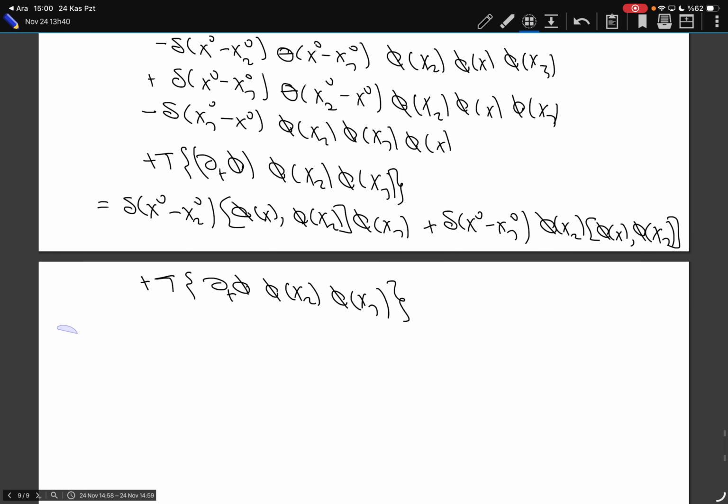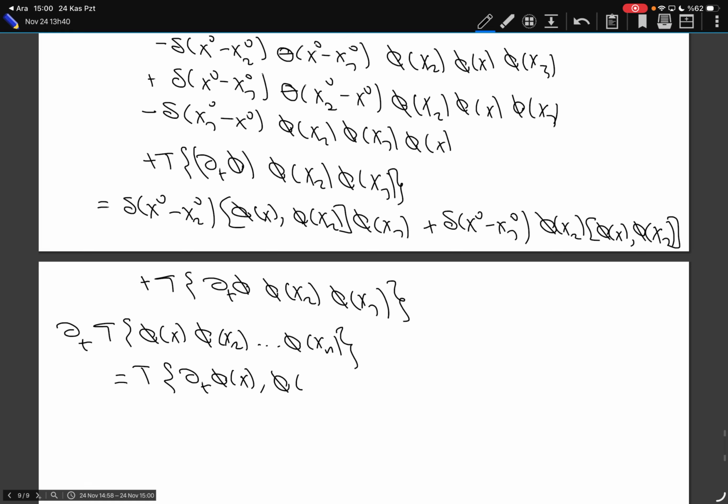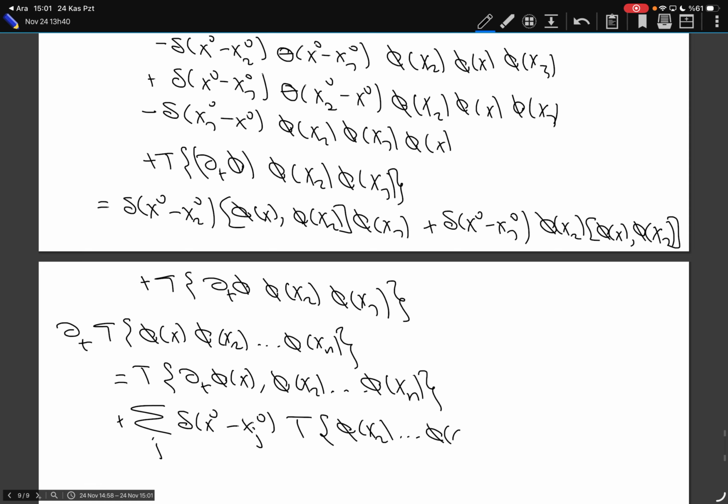Or in general, I can say that del t, time-ordered product of phi of x, phi of x2, phi of xn is actually time-ordered product of del t of phi of x, phi of x2, phi of xn, plus Dirac delta x^0 minus xj^0, sum over all j, times time-ordered product of phi of x2, phi of xj minus 1, phi of xj plus 1, phi of xn.